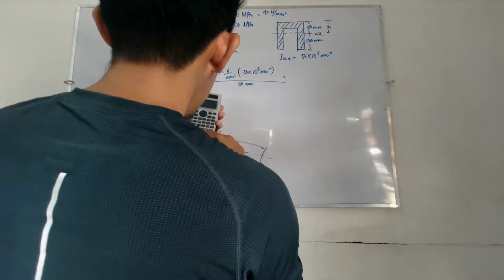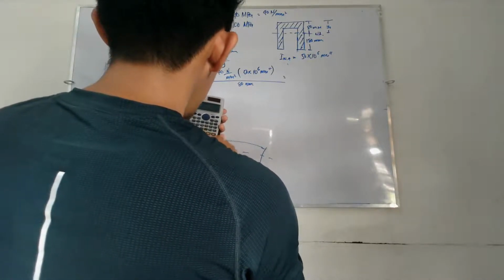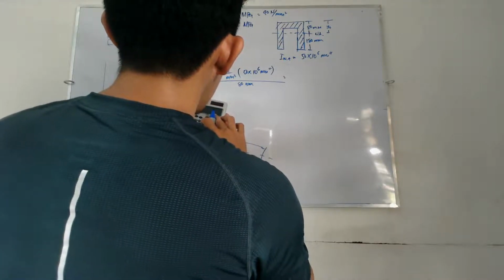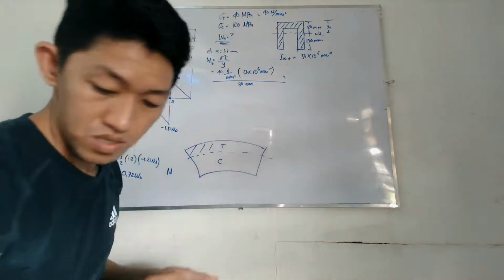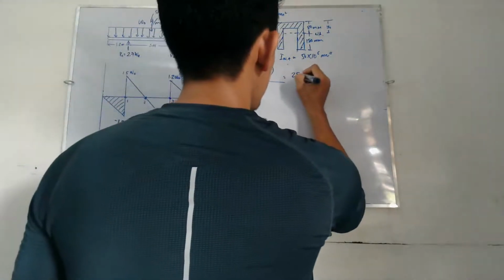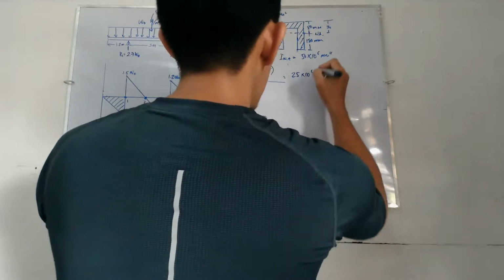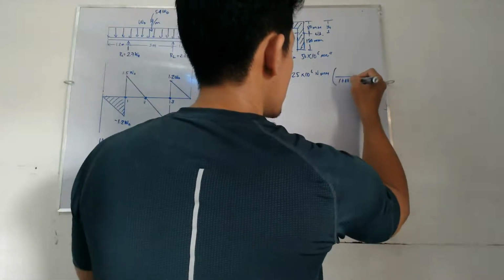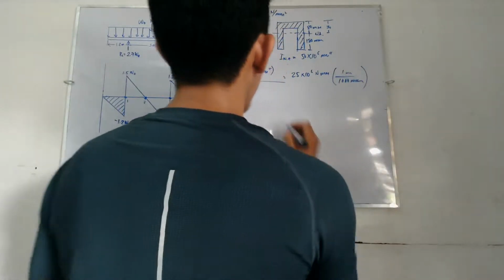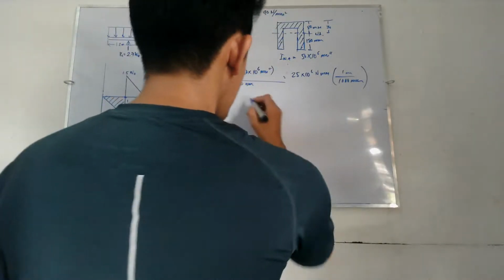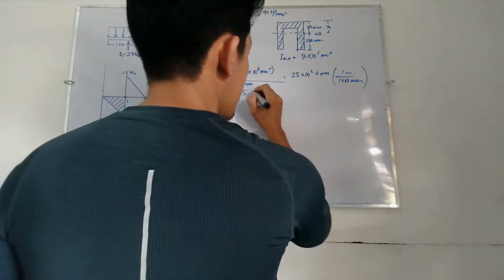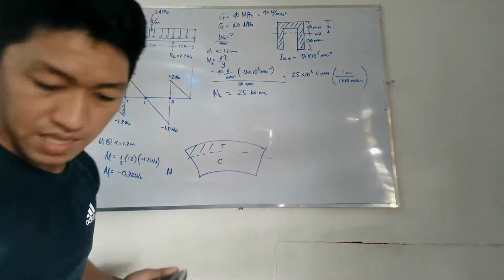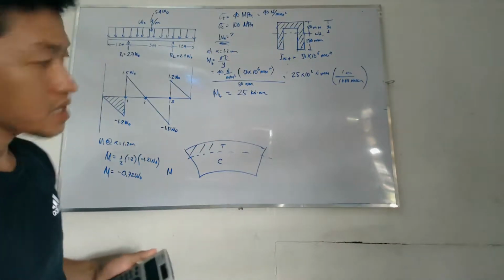You have 40 times 50, 25 million. 25 times 10 to the 6 Newton mm. Convert na to ni 1,000 mm 1 m. May mo na yung 25 kilonewton meter. Okay? 25 kilonewton meter.